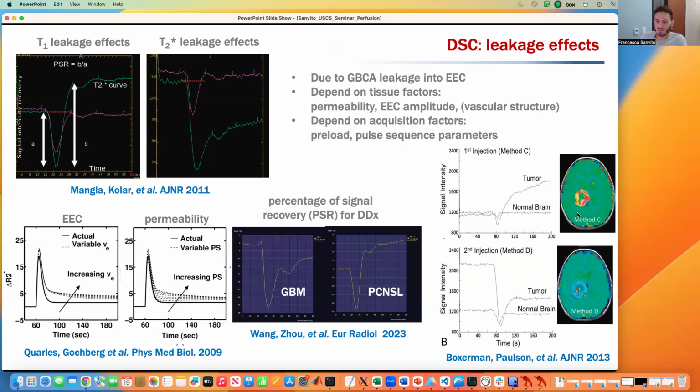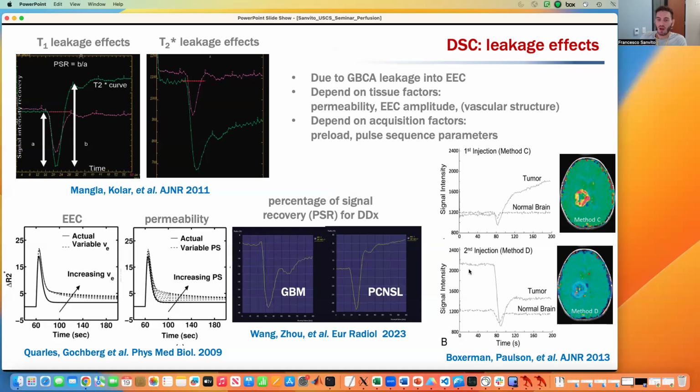This is the same tumor, first acquired with a certain protocol and then with the same protocol but after preload. Preload means that I inject contrast as a preload, then I wait, and then I actually perform DSC with a second bolus. Before preload, the PSR was much above 100%.